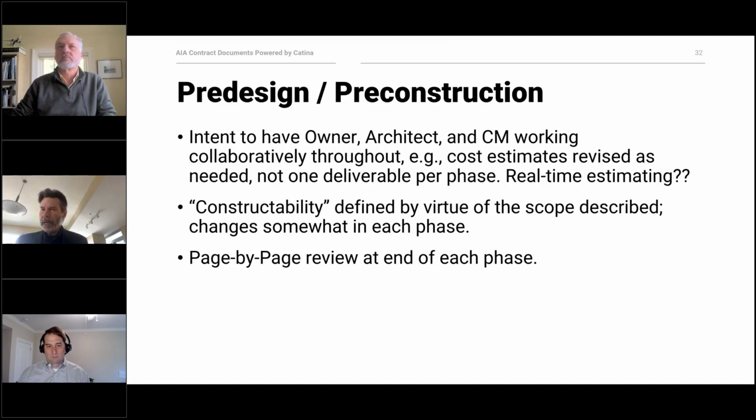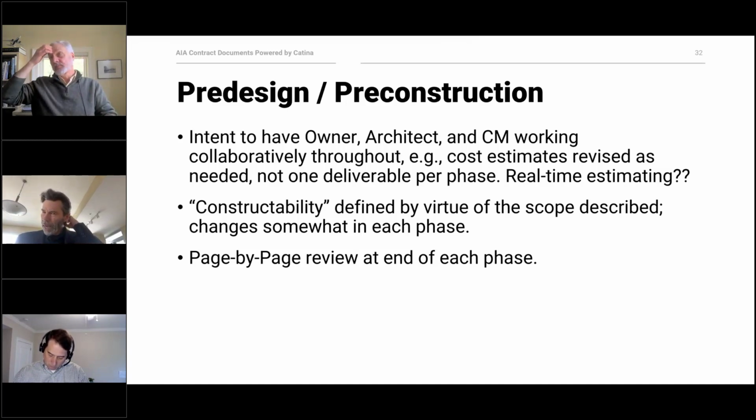Tom's mentioned the concept of constructability. And you know that in a traditional delivery approach, constructability is oftentimes assigned to people that have little or no deep experience in the construction process. It's oftentimes considered to be kind of an afterthought.